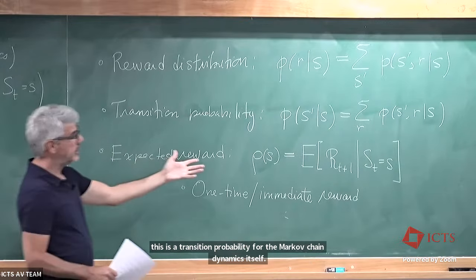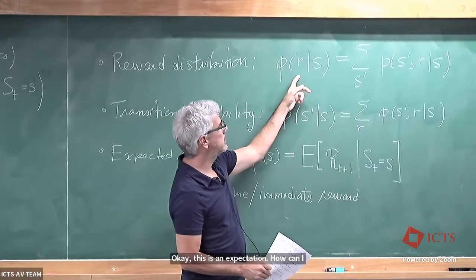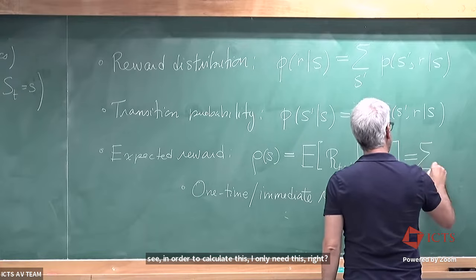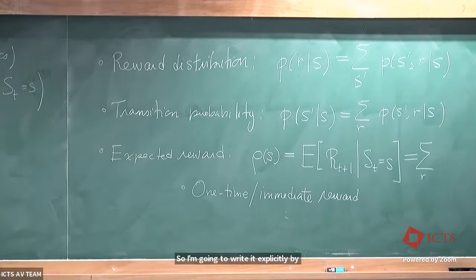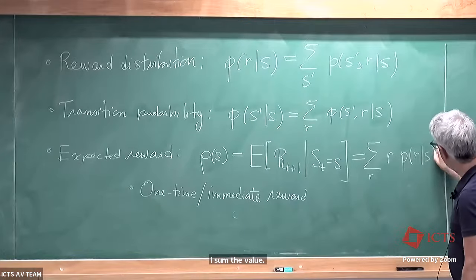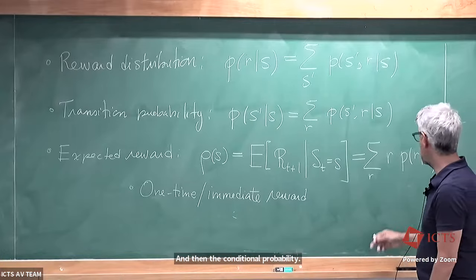Okay, this is an expectation. How can I write it? You see, in order to calculate this, I only need this, right? So I'm going to write it explicitly by saying, this is the expectation over R, so I have to sum over R. I sum the value, and then the conditional probability. Everybody sees this? Fine. So this is a conditional expectation.